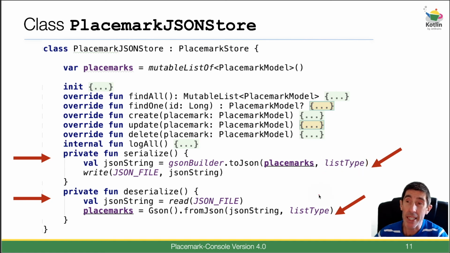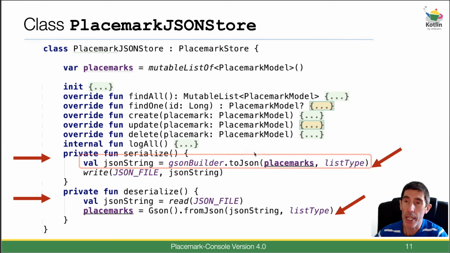In a nutshell, it tells Google's JSON how to store the JSON version of the class that you have. So this will determine how a placemark is converted into its JSON equivalent, and we will look at that in due course. But if we just look at the serialize function itself, it does two things really.